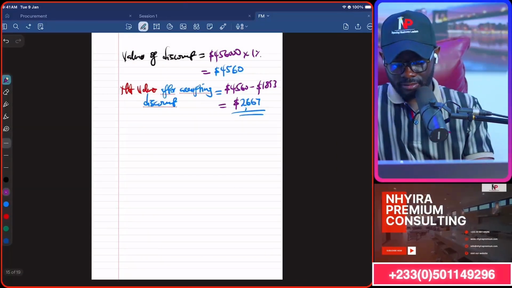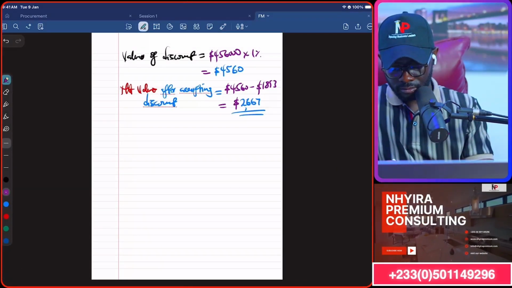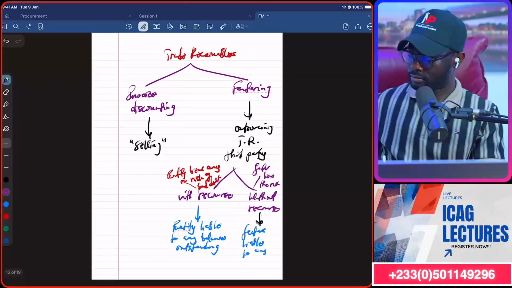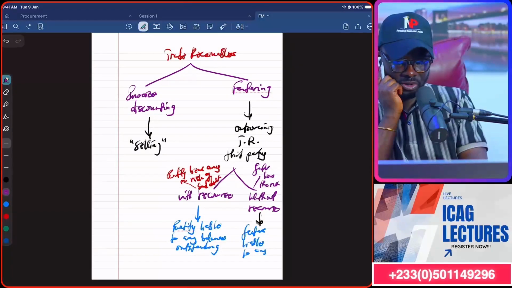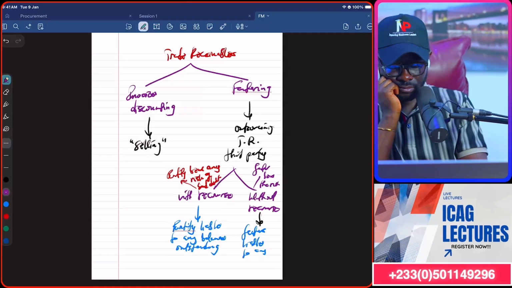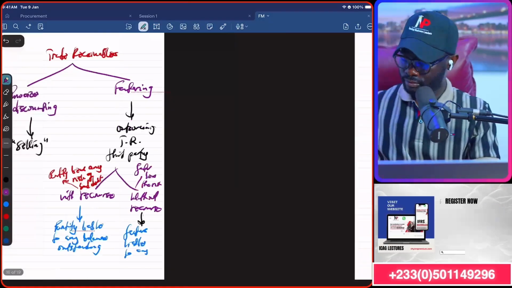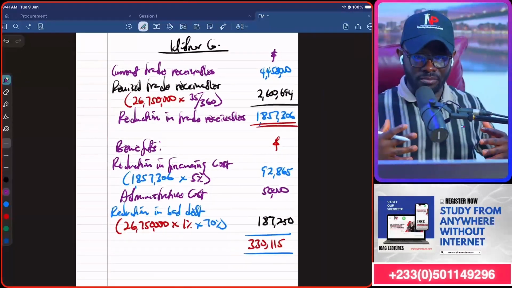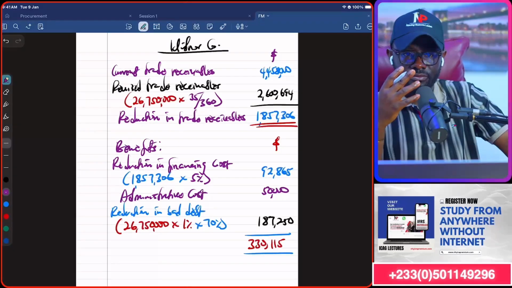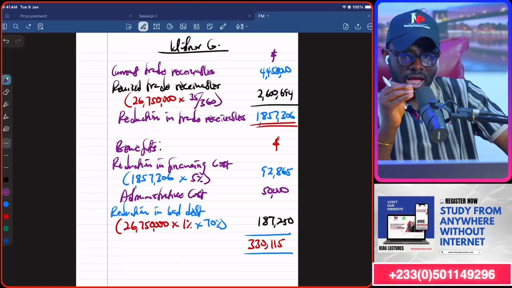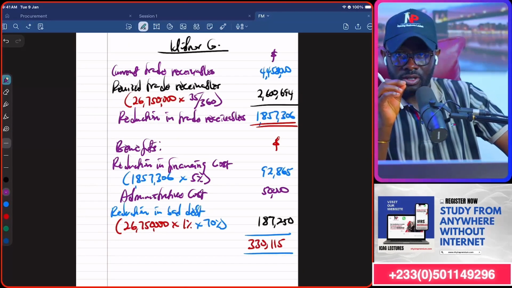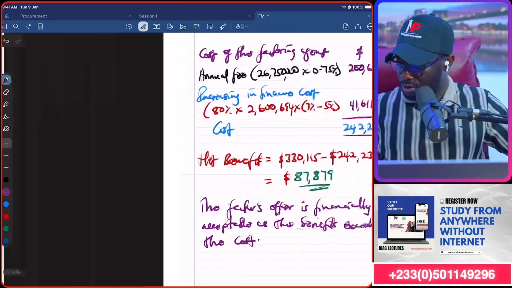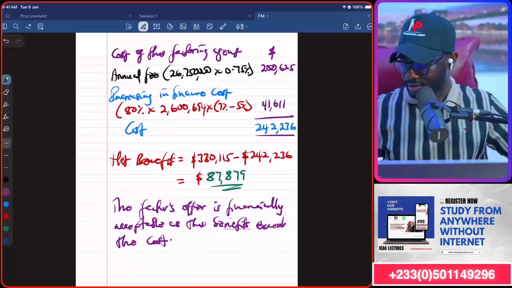Slide 6. Then the receivables discussion. Then the last question on the management of the trade receivables. So under working capital, we've looked at inventories, we've looked at trade payables, and then the receivables management, the final slide.